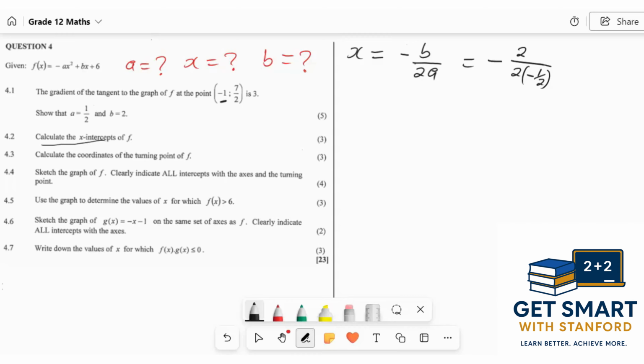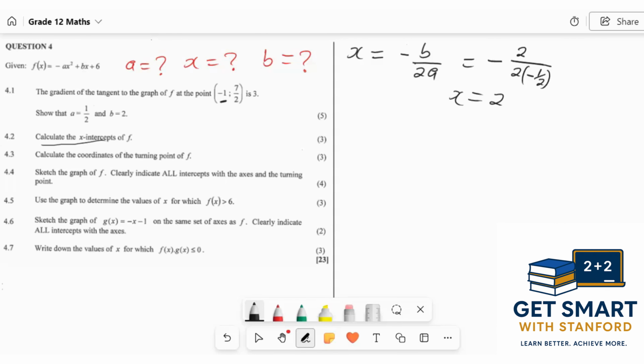You might ask yourself, why are we getting minus half there? I will remind you just now. Then the value of x here is going to be 2 divided by 1, then it's going to be 2.